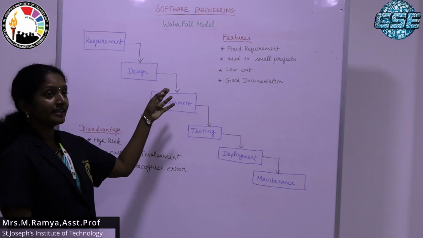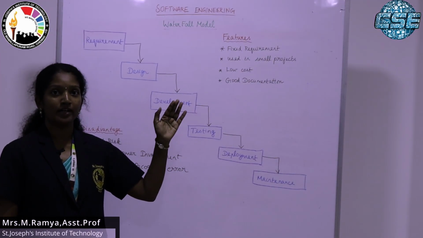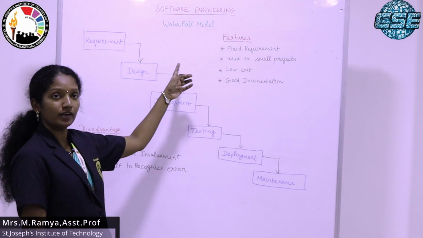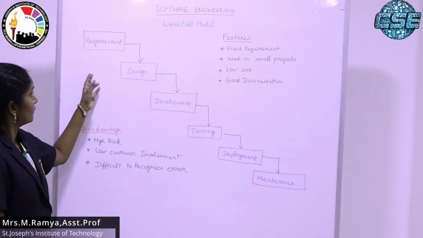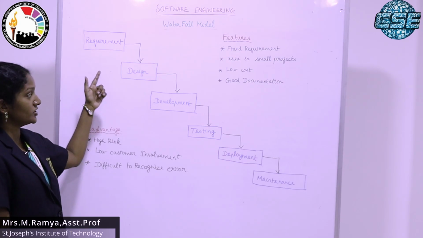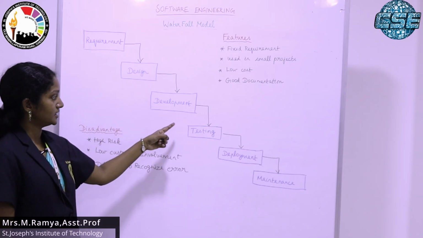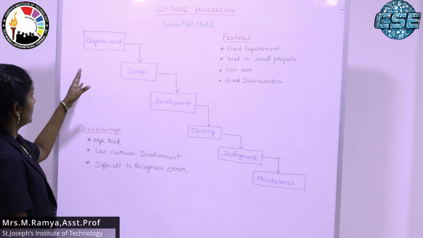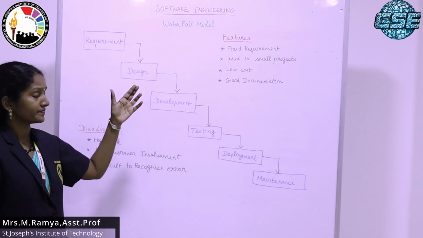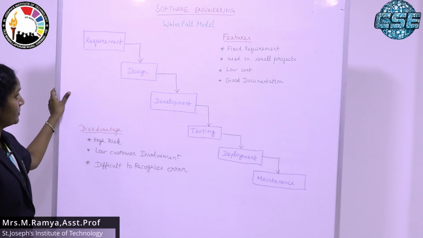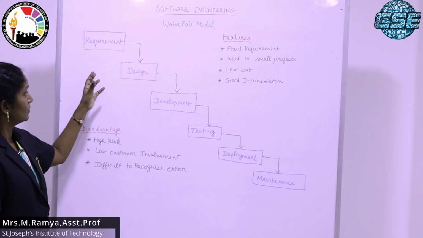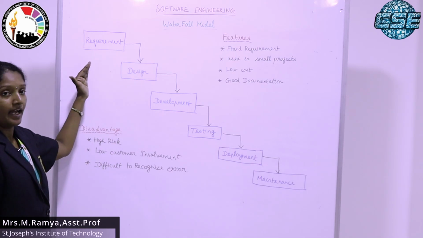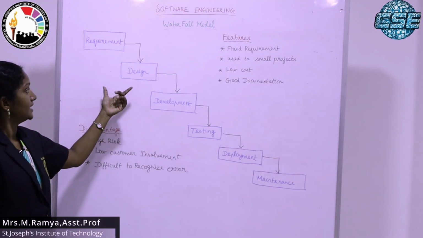Okay, now let us see the models used in software engineering. First, let us see the waterfall model. The waterfall model consists of requirement, design, development, testing, deployment, and then maintenance. In requirement, the customer's requirements are received, and after receiving them, designing happens.